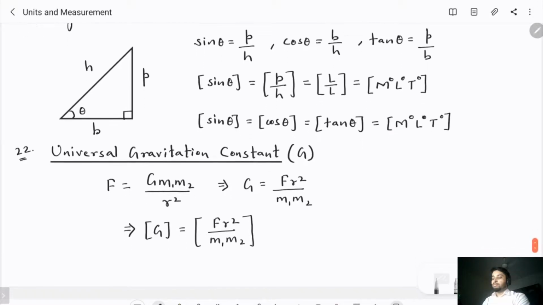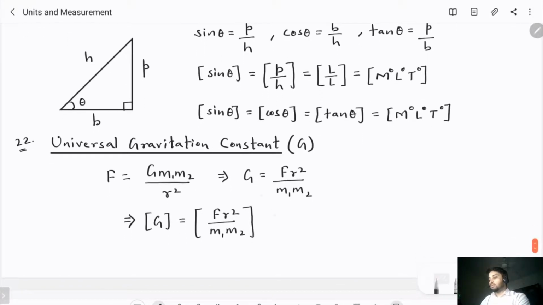Now we can put the dimensions of these physical quantities. The dimensional formula for force is M L T to the power minus 2. R is distance, so R square will become L square. M1, M2 are masses, so M into M will give M square.